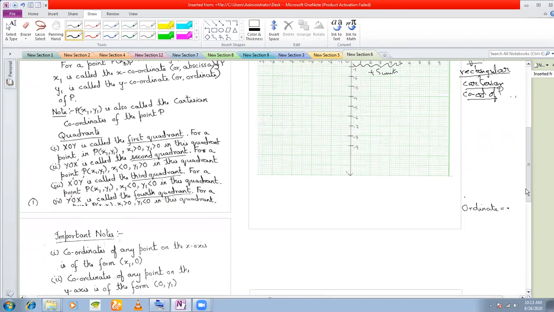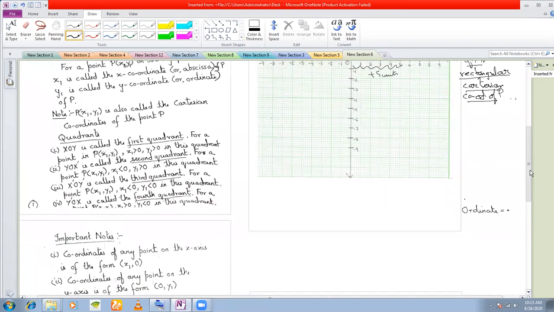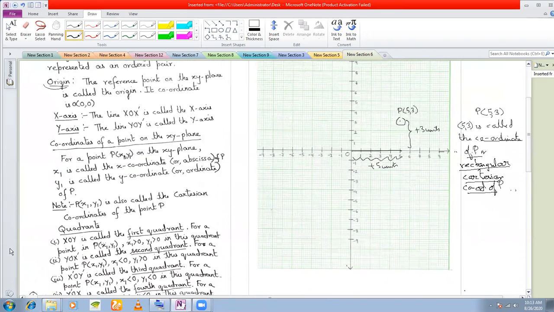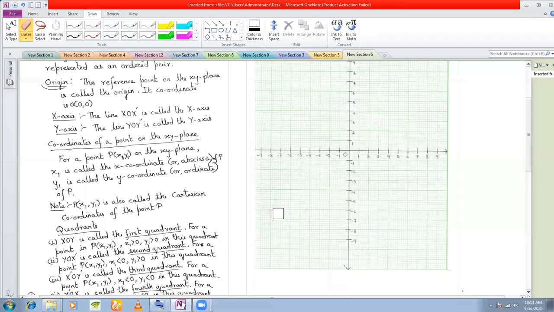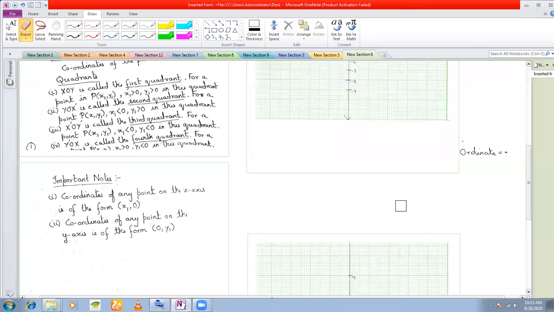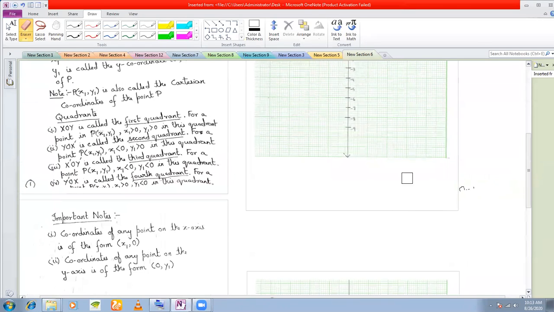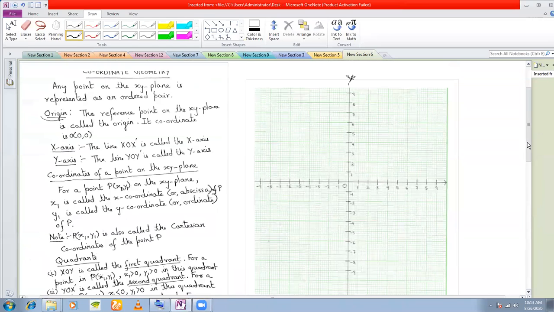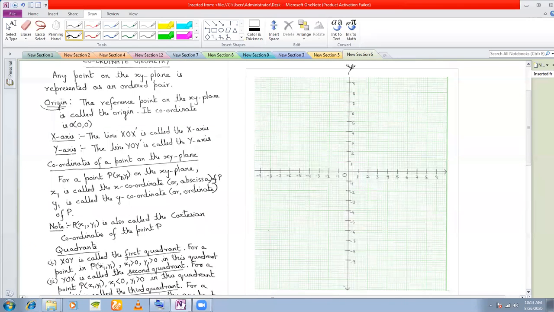Now, before moving on to the problems, there is another thing that you must know. Suppose I want to locate a point, let's see with the help of an example. Let us see, I want to locate this point 5, 0.